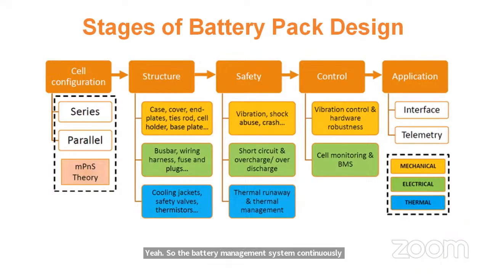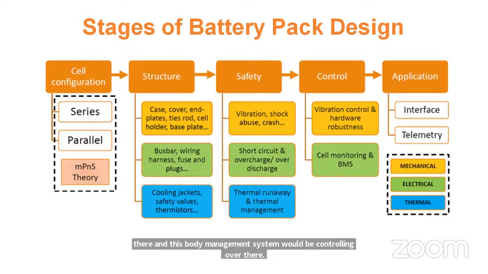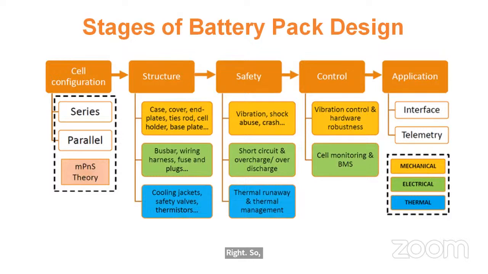So the battery management system continuously monitors the battery pack. Each and every cell should be connected through some sensing devices, so that continuous monitoring of each and every cell is there, and this battery management system would be controlling it, right? There are a few functionalities of the battery management system.